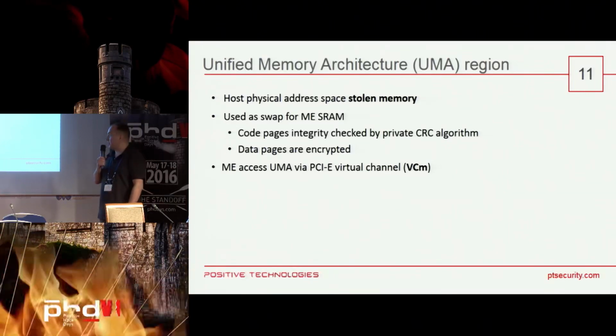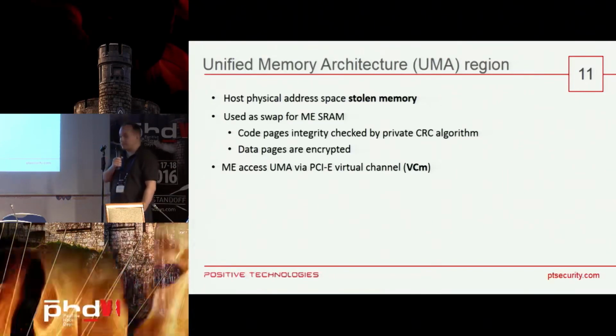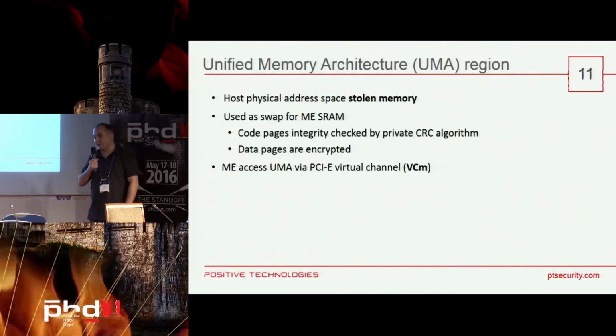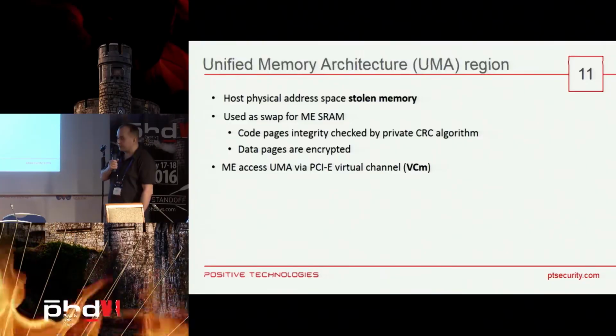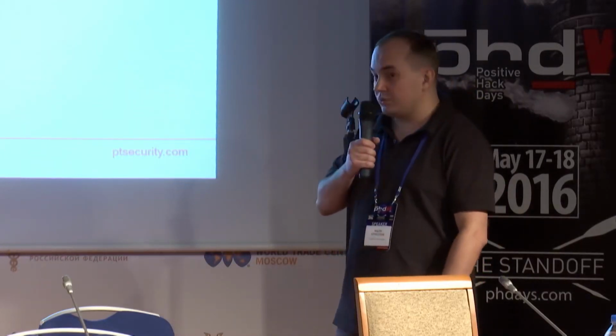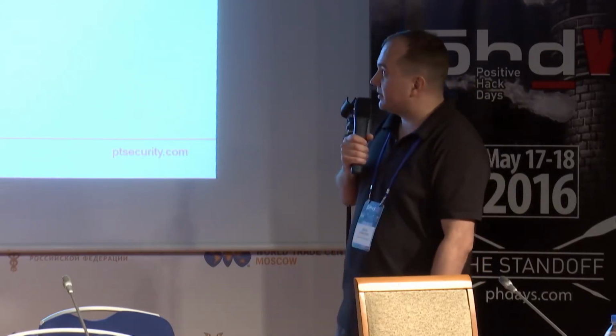For this, it needs some part of the physical memory of the host to be used as a cache mechanism, like virtual memory in operating systems. This part of the physical memory, which is called UMA, is a stolen memory, so it's hidden from the host.